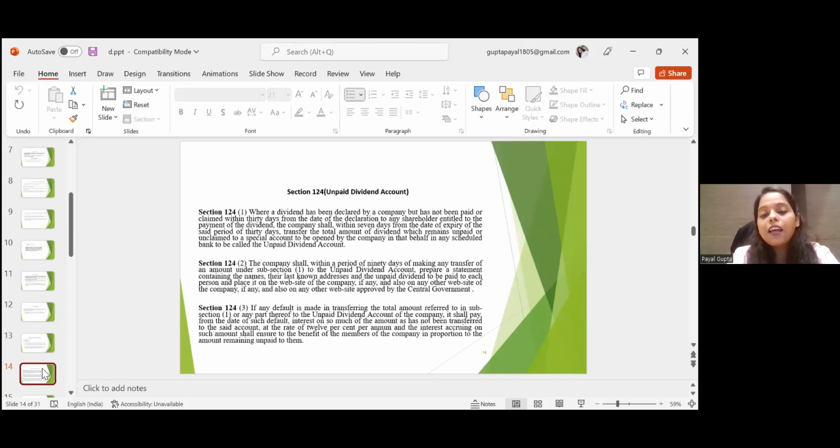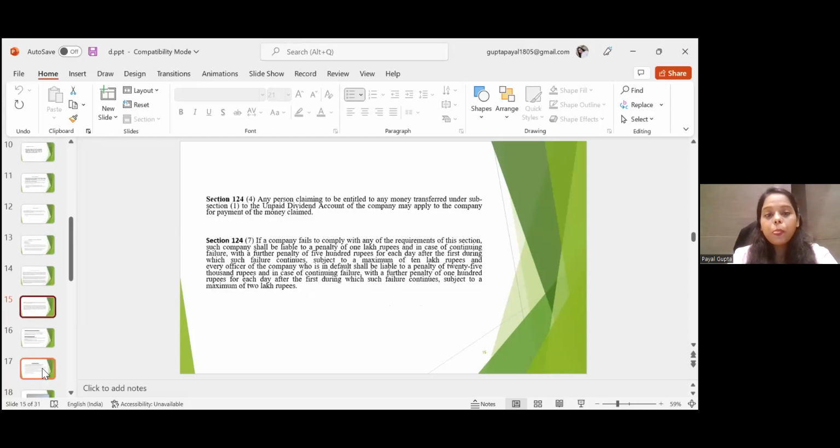The interest accrued shall enure to the benefit of the members in proportion to the amount remaining unpaid to them. If we have not transferred any amount, we will have to pay penal interest at 12% on the total amount that was to be transferred.